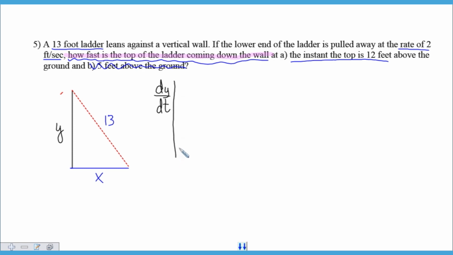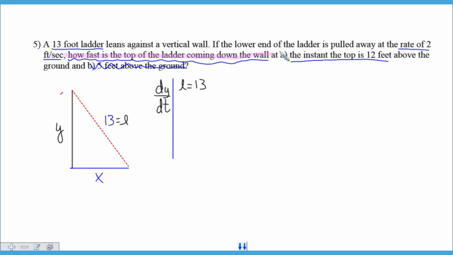That's our question. And then we're going to draw this long bar here, and that's actually called a WHEN bar, like when. And we're going to put all the things that we know about the problem right here on the when bar. So we know we have a 13-foot ladder, and that's constant. Let's call this ladder, L. So we know that L is 13, and it's always 13 because it's not a moving ladder.